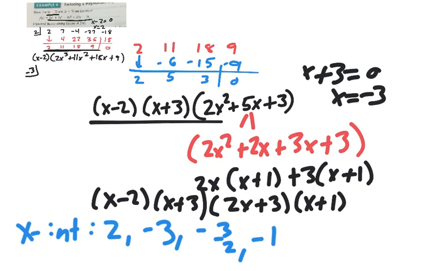That means 2x equals -3, x equals -3 halves. And then the same thing here, x plus 1 equals 0. So x equals -1 is an x-intercept. So that means if at any point I would have put -1 in the box or -3 halves in the box, I would have also gotten 0 remainders. Because these are also x-intercepts. -3 halves and -1.